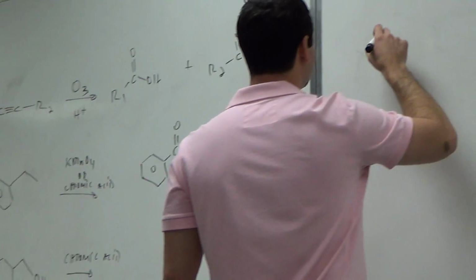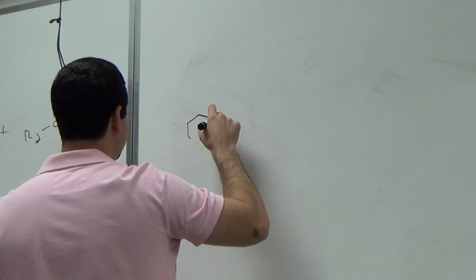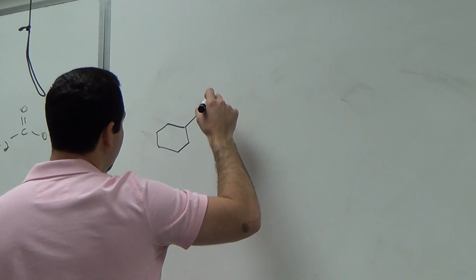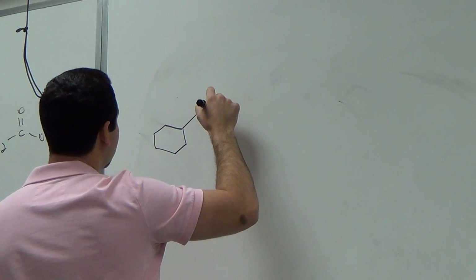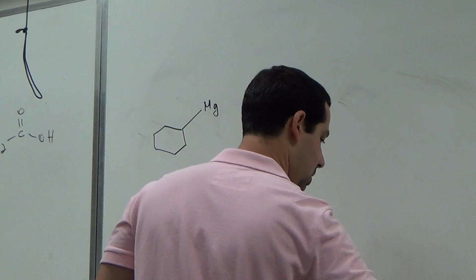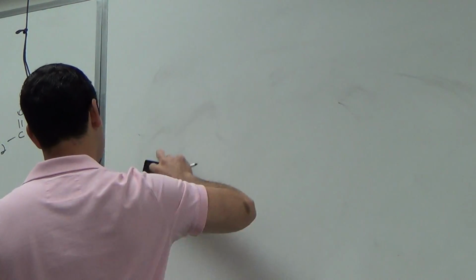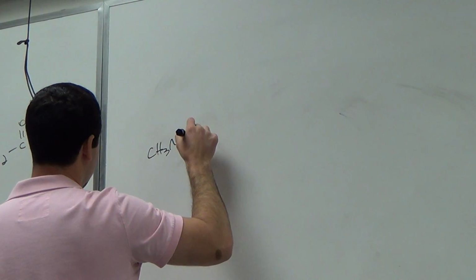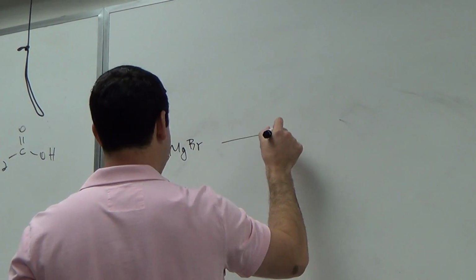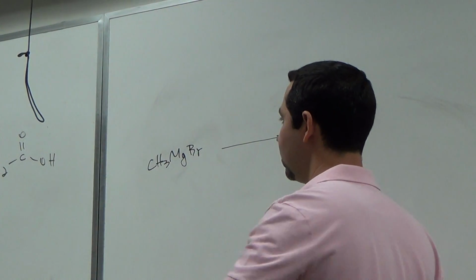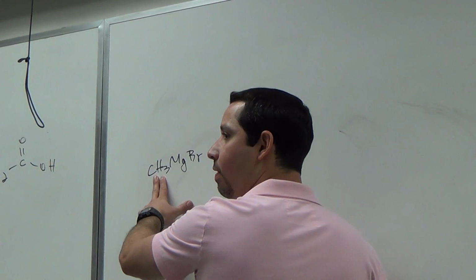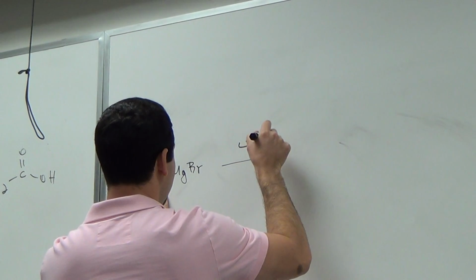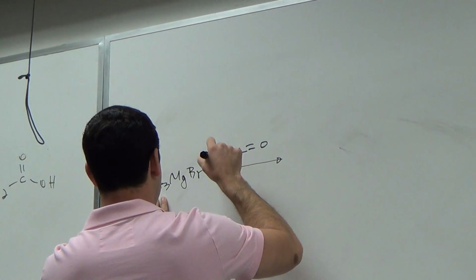Let's say we have this. What is this? Grignard. A nucleophile. What type of charge would that have? Negative.